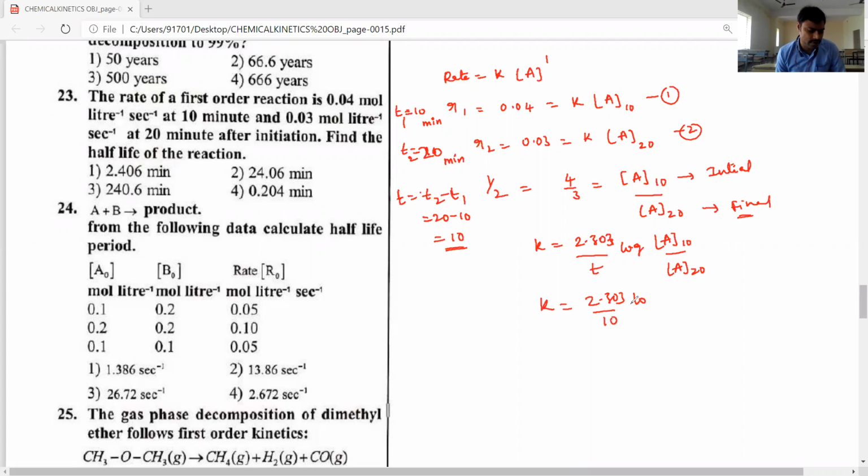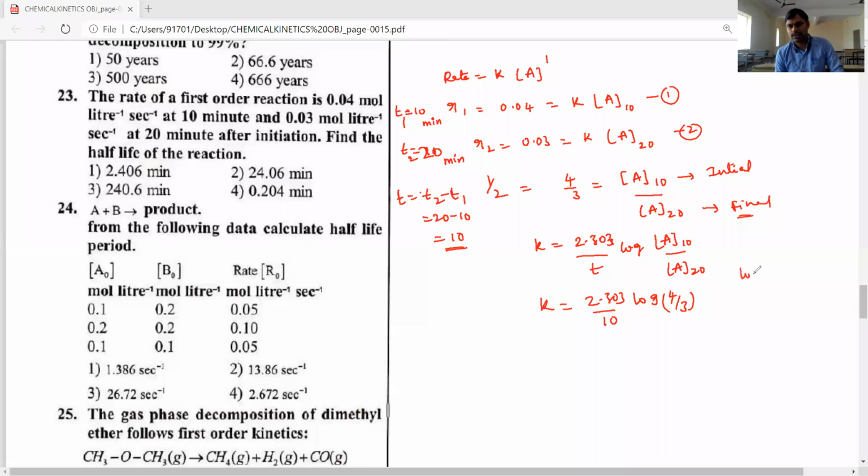Actually the options are also given in minutes only, so no need to convert into seconds.